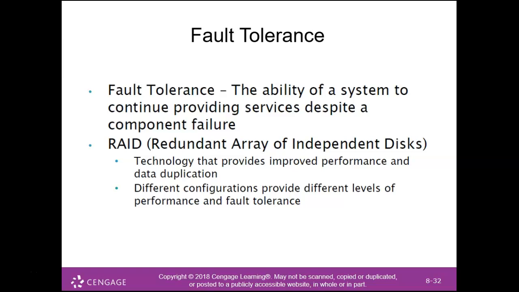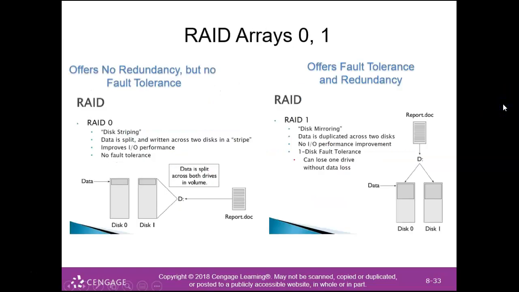And it'll also give us, in many cases, fault tolerance as well. So RAID fault tolerance is, as the name suggests, that ability for a RAID array to tolerate hard drive failures. And this is where the redundant part of RAID comes in. Now on this slide, I show you pictures of RAID 0 and RAID 1. There are many types of RAIDs, right?